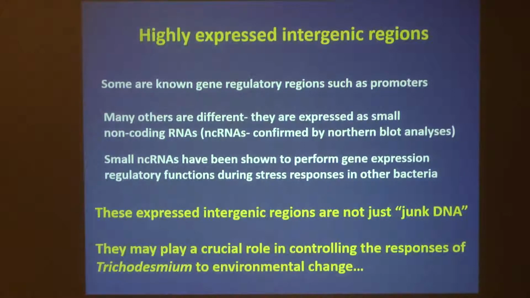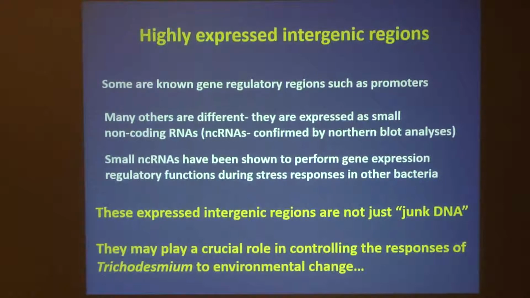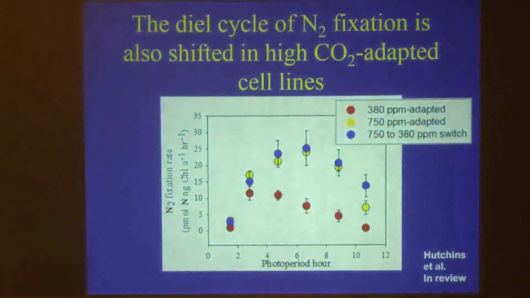In other words, those expressed intergenic regions are not junk DNA, they actually seem to be performing a function. And we think that role is controlling the responses of Trichodesmium to environmental change. We've also seen some other interesting responses in these weird stuck-in-the-on-position, stuck-in-the-fast-lane cell lines.